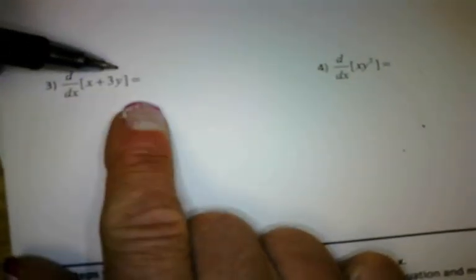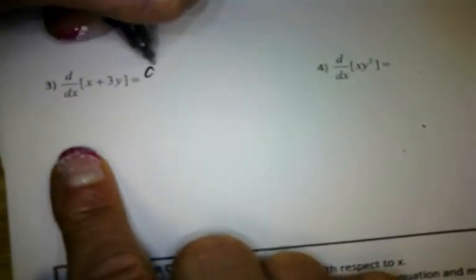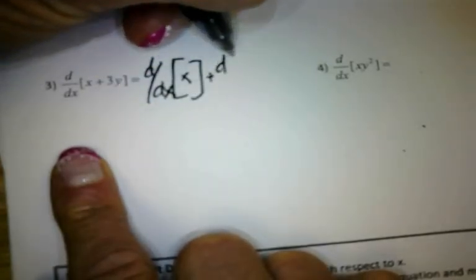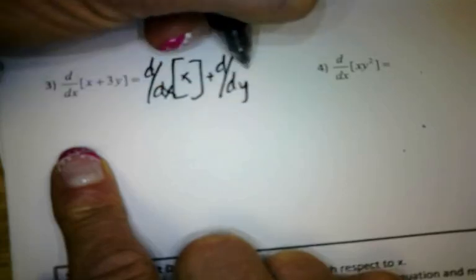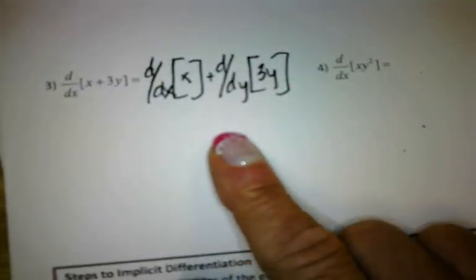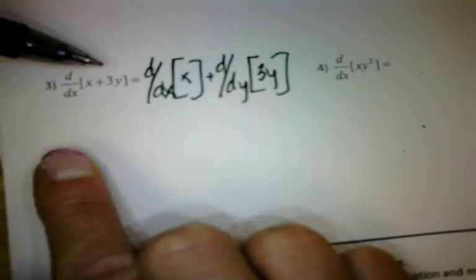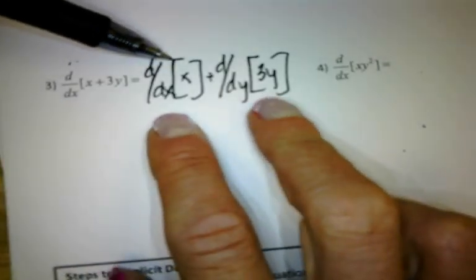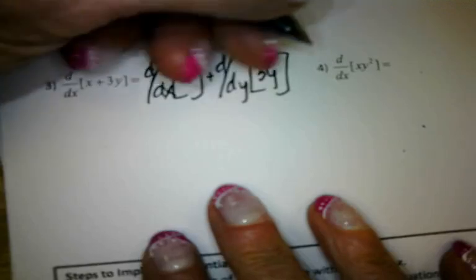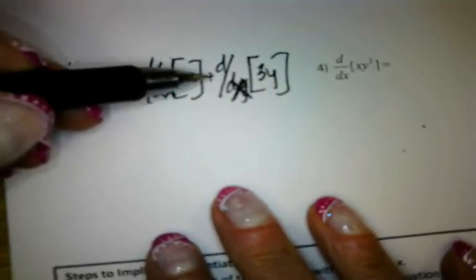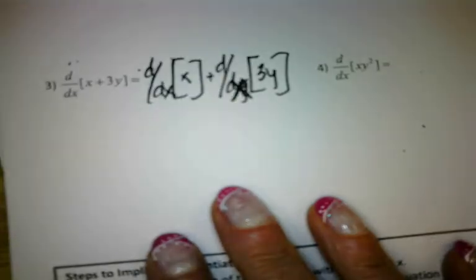Well, this is the same as taking the derivative of the x part plus the derivative of the 3y part. If you go through the PowerPoint presentation, they show all of these steps. They show the problem, they show that we're differentiating each part, the derivative in terms of x and the derivative in terms of x of 3y, and then they take the actual derivatives.